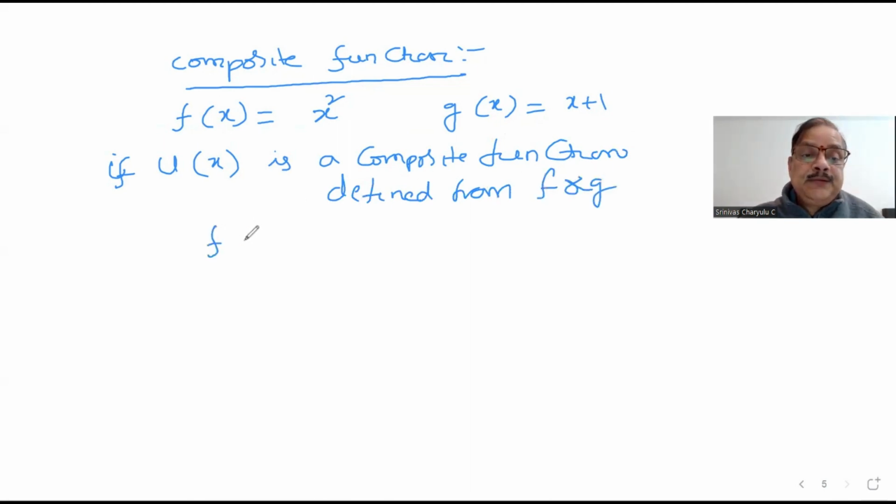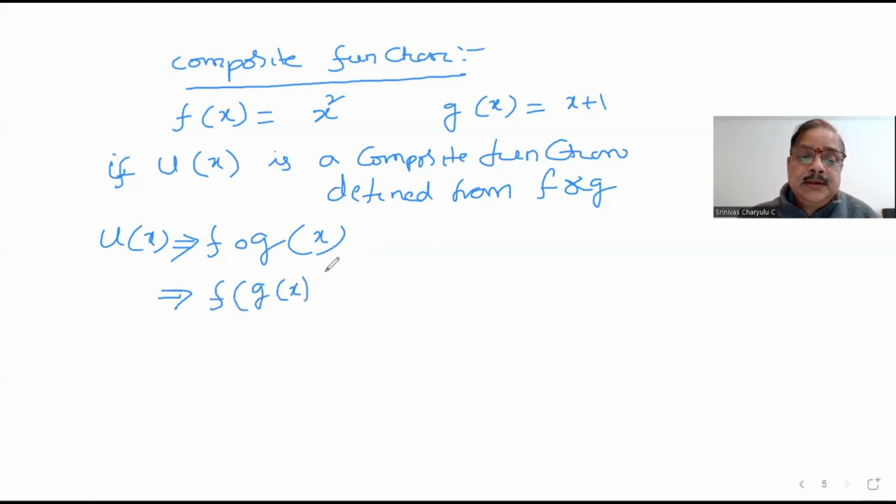Let us say f circle g of x. So u of x I am defining now as f circle g of x. So this is a composite function. How does it look? It is called f of g of x, or f circle g of x. It should be written like this: f of g of x.